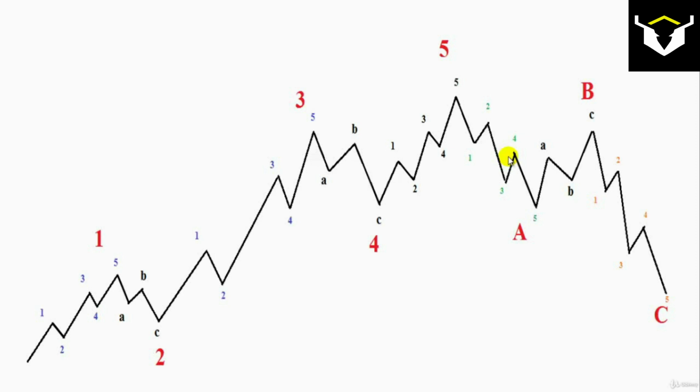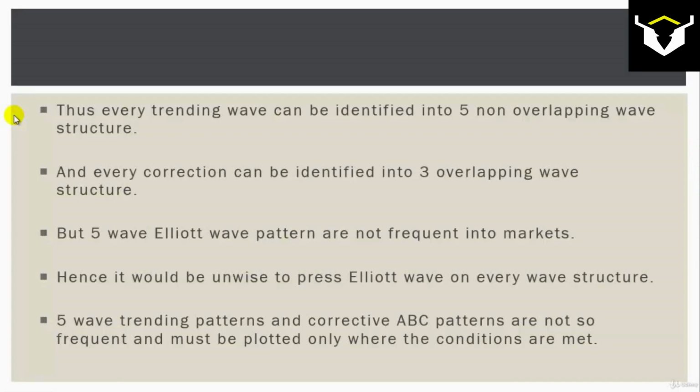As you can see here, once you know wave C structure is complete, you can go long assuming that it will follow a 1, 2, 3, 4, 5 non-overlapping wave structure to make a new high. Thus, every trending wave can be identified into a 5 non-overlapping wave structure, and every correction can be identified into a 3 overlapping wave structure.